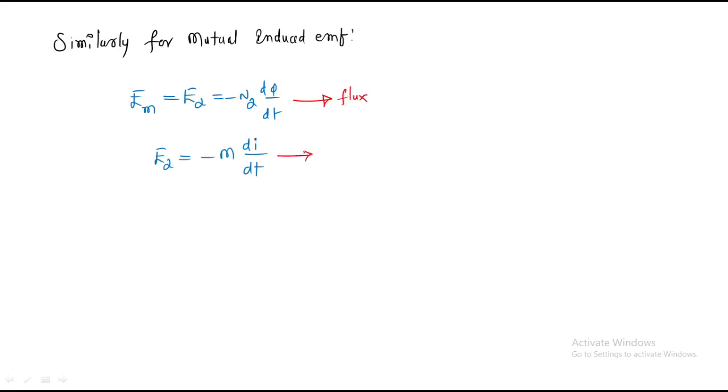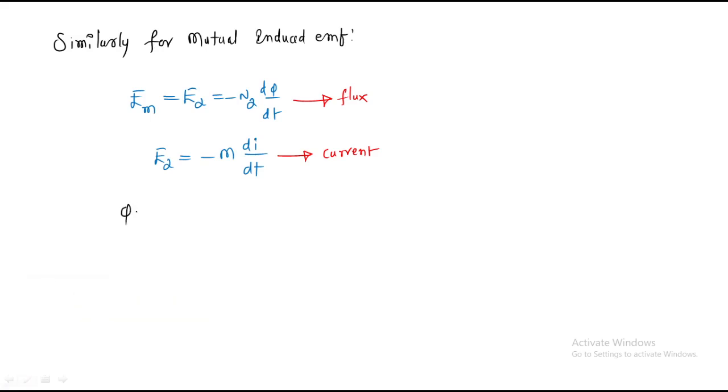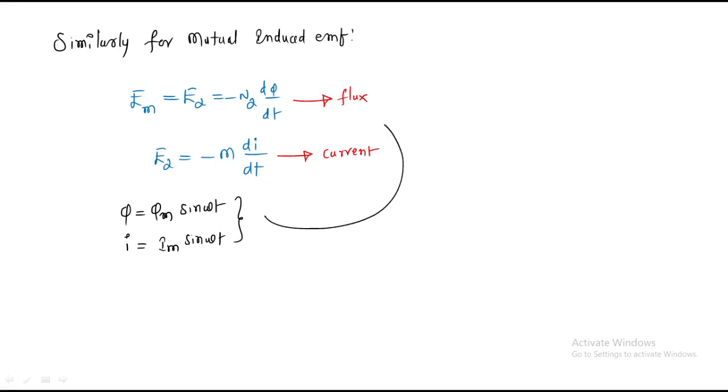With respect to current, where phi is equal to what? Phi m sin omega t. Like that, I is equal to what? Im sin omega t. So by substituting these equations, obviously we are going to get the conditions.